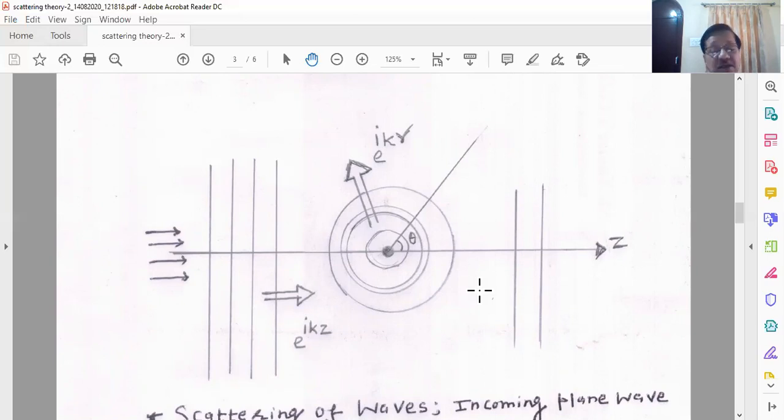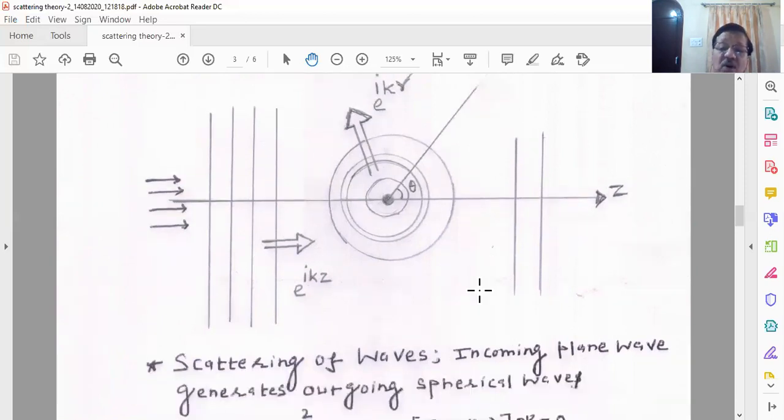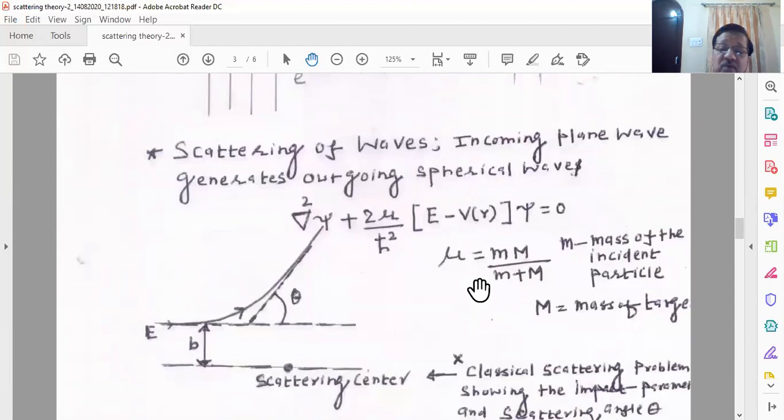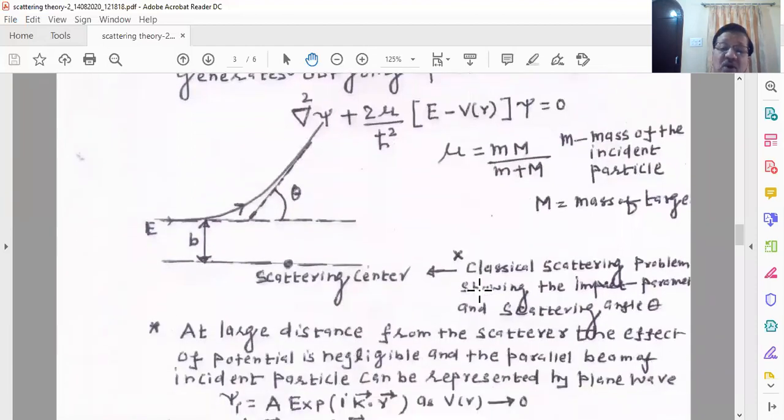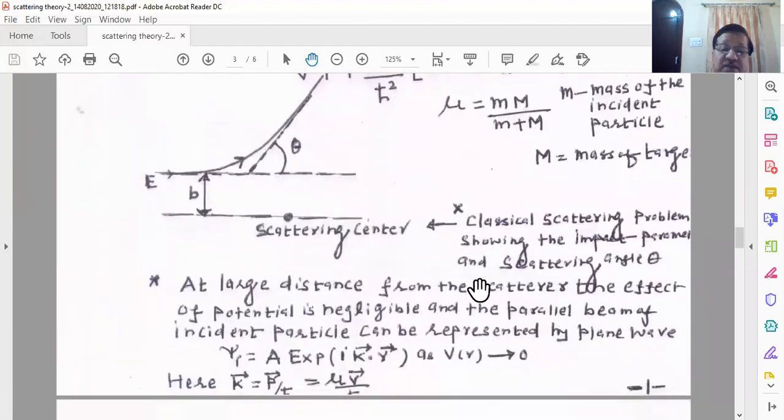Then you can write that the direction of scattering is characterized by only one parameter, the angle of scattering theta. Well, friends, once you understand this geometry of the plane wave and the scattered wave, let us understand the physics of this scattering amplitude.